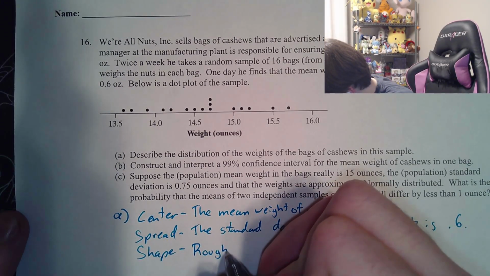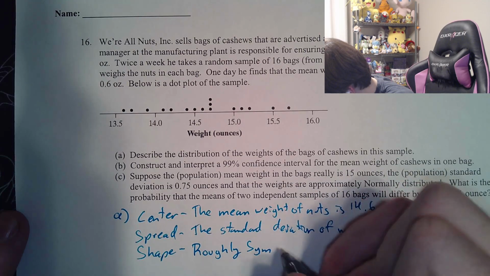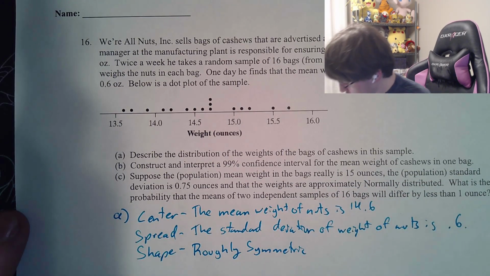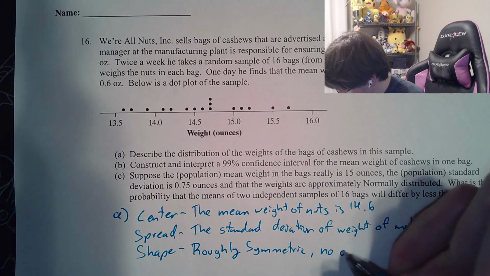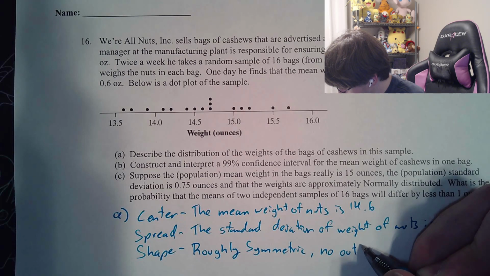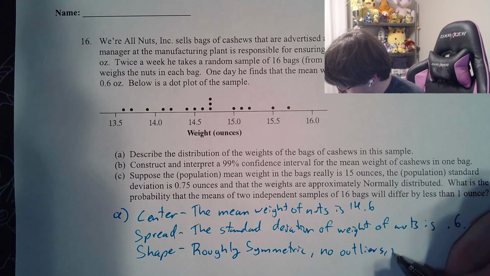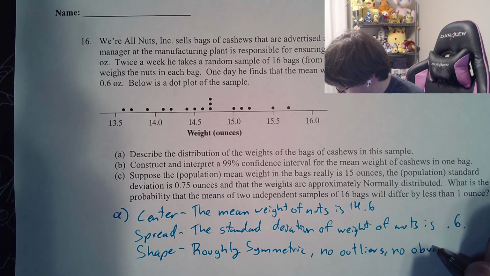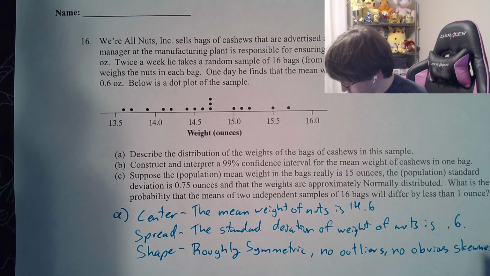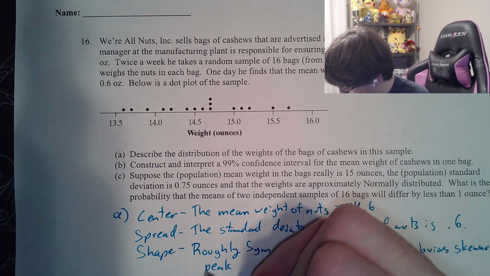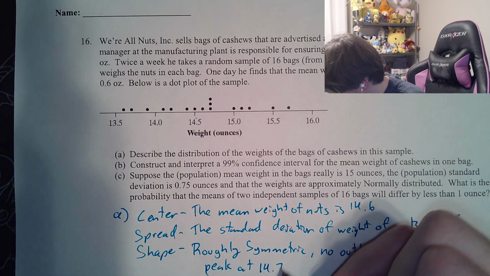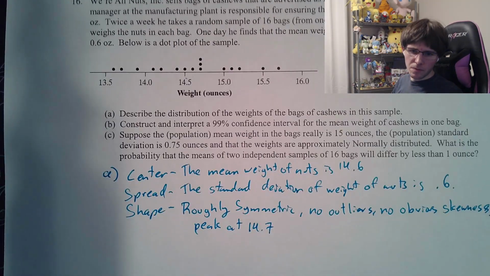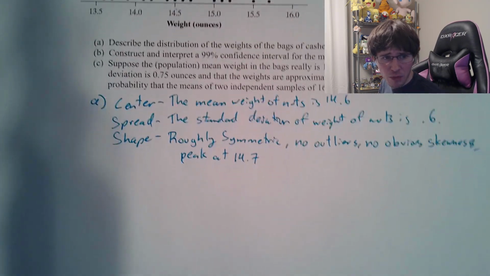How about that? Roughly symmetric, no outliers, no obvious skewness, and we could even put the peak at, what is that, 14.7. Beautiful. All right, so center, spread, and shape, we talked about all three of them.